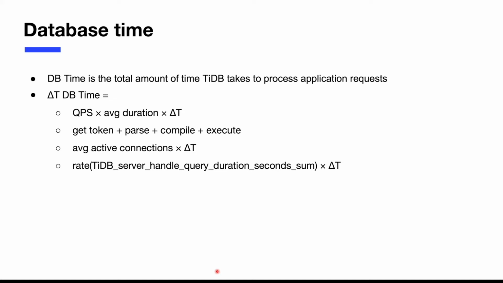For example, when TiDB gets a SQL request, it first gets a token, then parses and compiles the SQL, and then executes it. So the sum of all the time spent in all these phases equals the DB time. And you can also use PromQL to get the DB time from Prometheus.